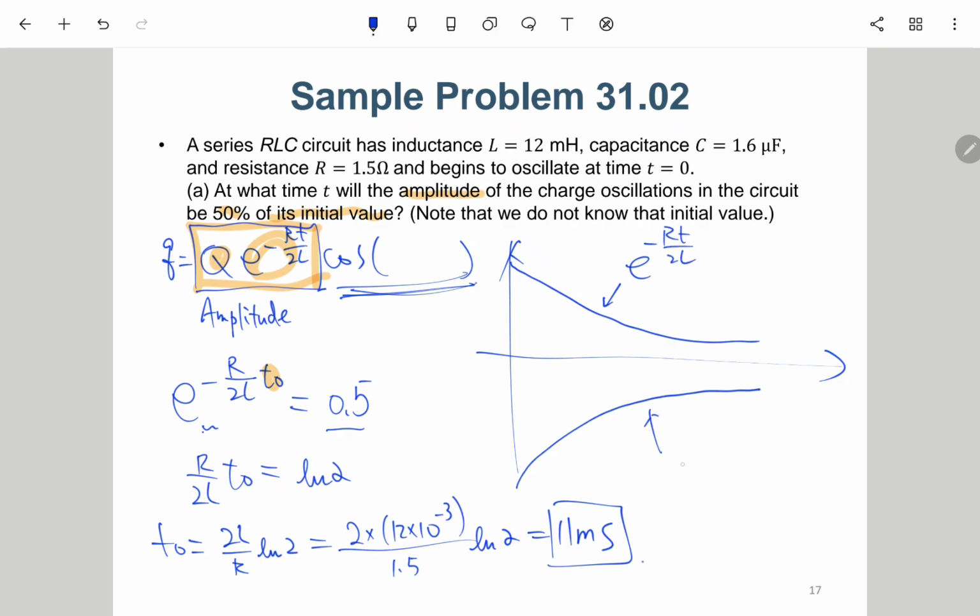This one is actually negative exponential to negative RT over 2L. And then here we have a cosine. So it is somehow like we have an oscillation like this.